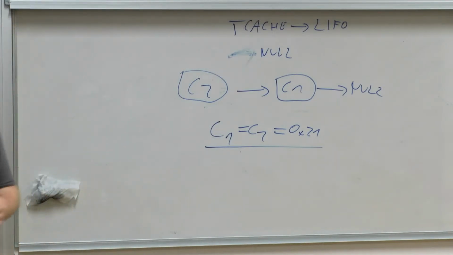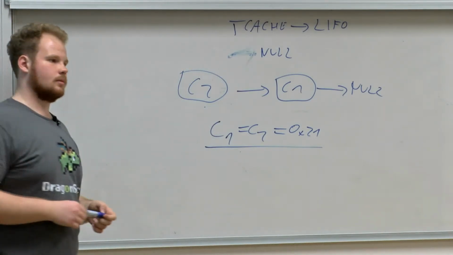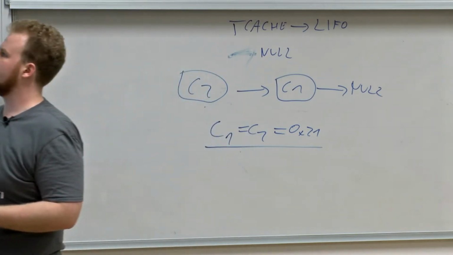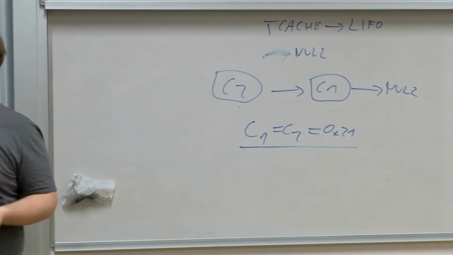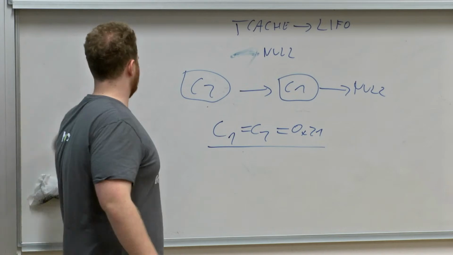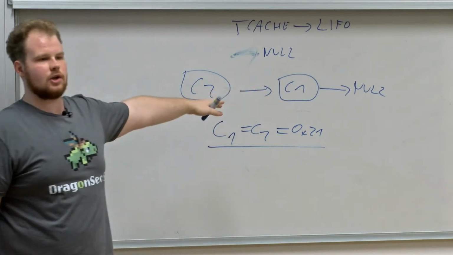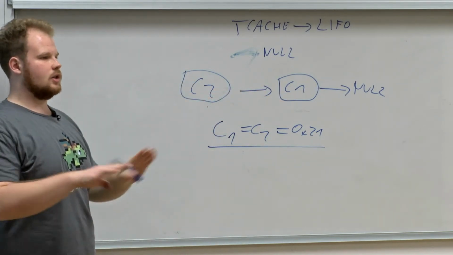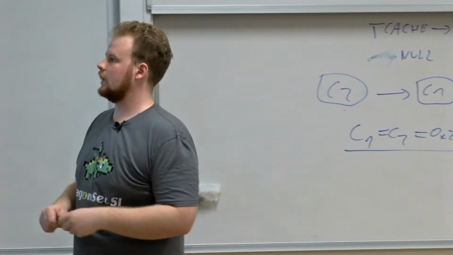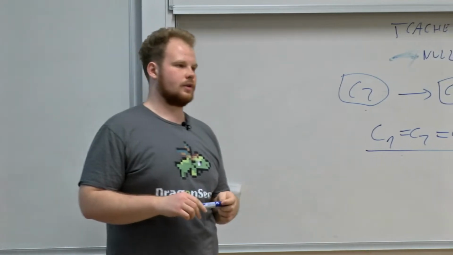All the way up to hex 408. I think that's 1 kilobyte or 2, I'm not sure, something like that. And every single tcache only has 7 slots. So you can have 7 slots in the tcache, and after that the tcache is full. You cannot put any more data in the tcache after the 7th chunk.